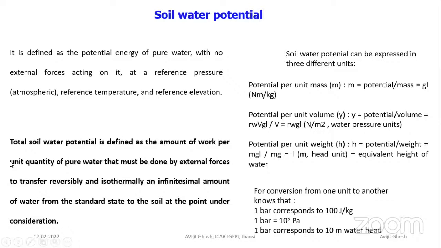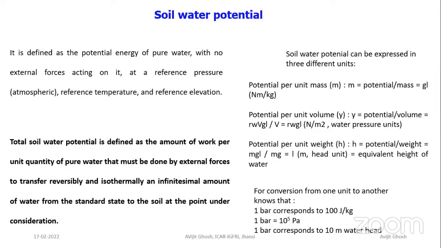The work done by external forces to transfer water reversibly, that is, the work done to take water from point A to point B and from point B to point A, will be the same, and isothermally, that is, the temperature during this transfer will not change. Infinitesimal means a very small amount of water is being transferred from the standard state, that is, a pool of pure water, to the soil, to any point where we can transfer it.